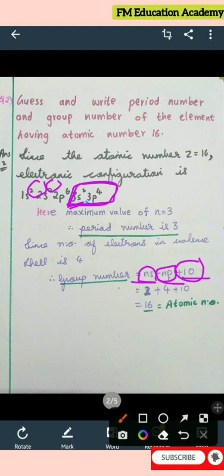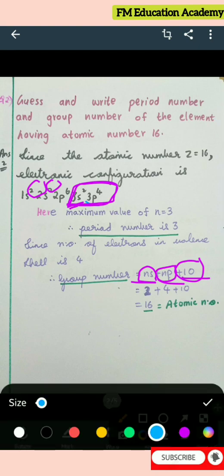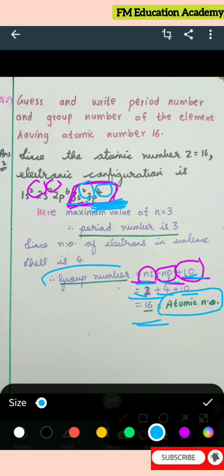So what are the electrons written for 3s? 2. So 2 for ns, and for p how many electrons are there? 4. So 2 plus 4 is 6, and you should add plus 10 for p orbitals. The formula is number of electrons in ns plus number of electrons in np plus 10 for the p valence shell, that is, if the electrons are entering in p. So you'll get 16. That is how you find out the group number.